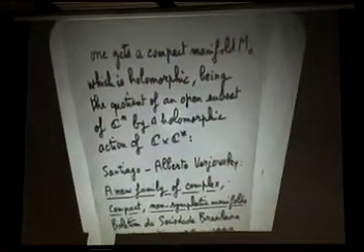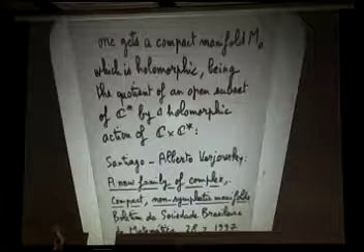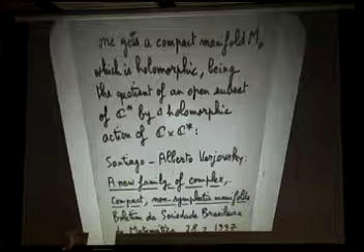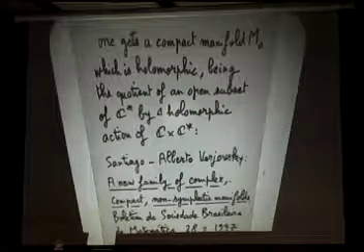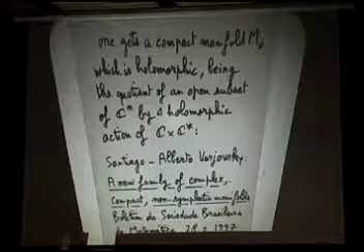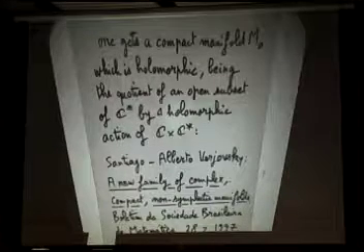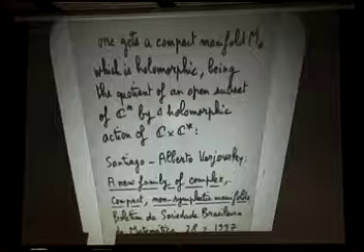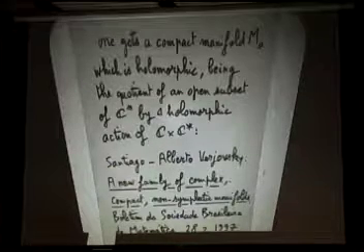And then what you get is a compact manifold, and it is holomorphic because it's the quotient of an open subset of Cn, that is, you take away the union of the Poincaré leaves, and that's a closed subset, and it's the quotient by a holomorphic action of C cross C star, that is, the C is the flow, and the C star is the natural action of C star over Cn.